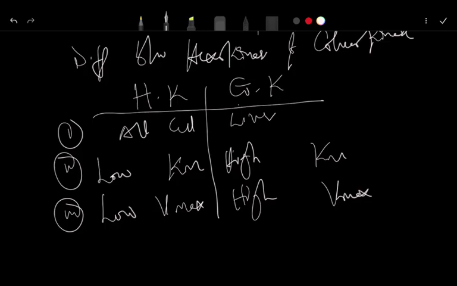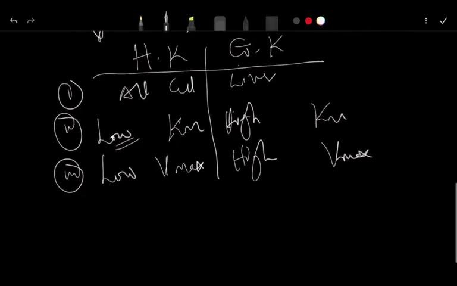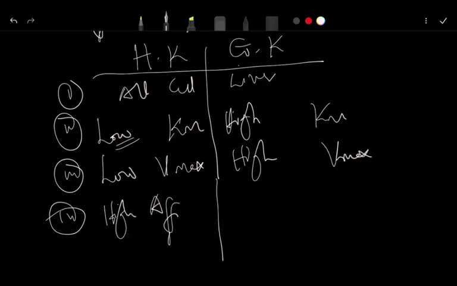Now, Km basically tells us about the affinity of the enzyme for substrate. The lower your Km, the more affinity you have. Meaning, in terms of affinity, I can say that hexokinase has a high affinity, while glucokinase has a low affinity.